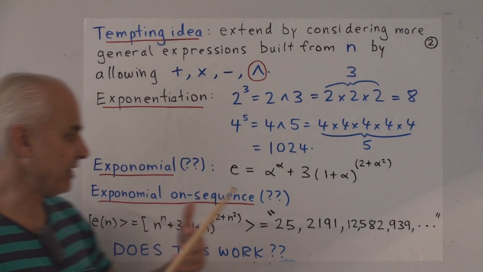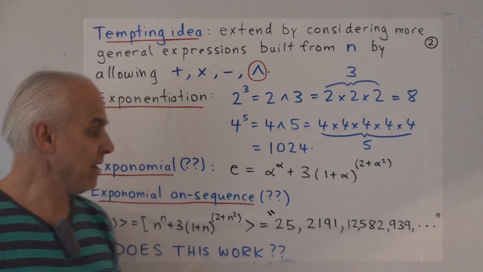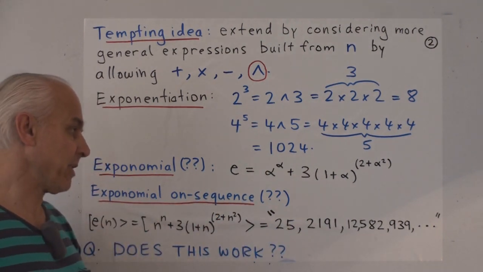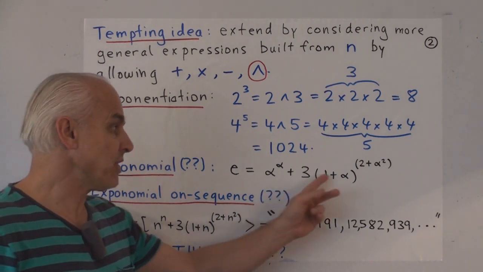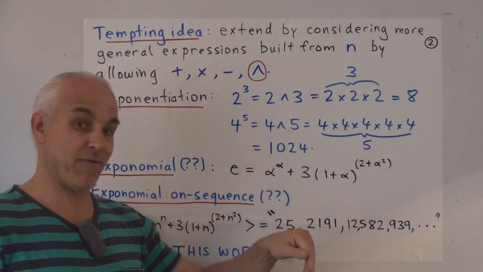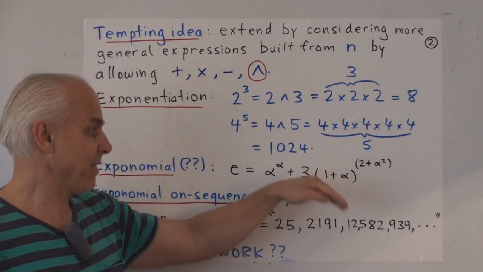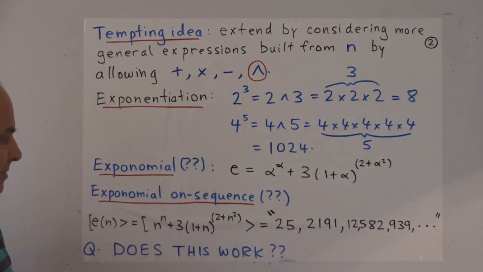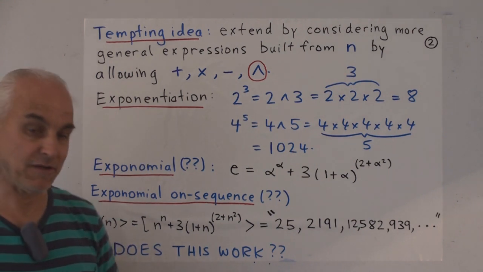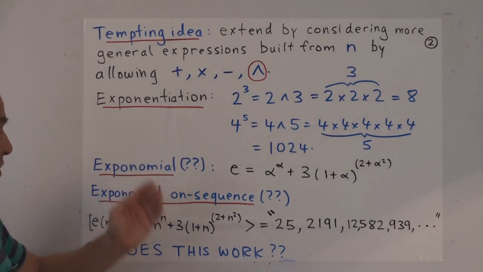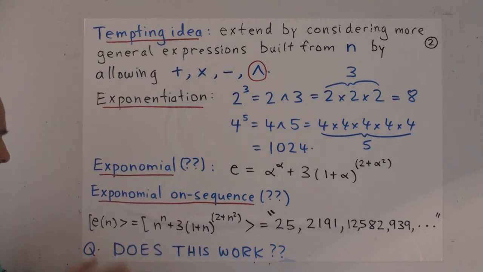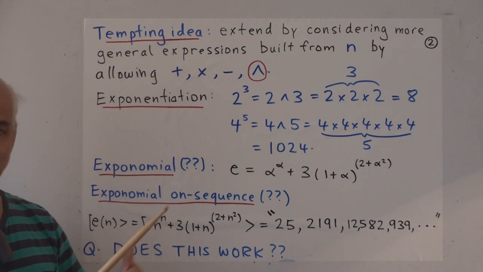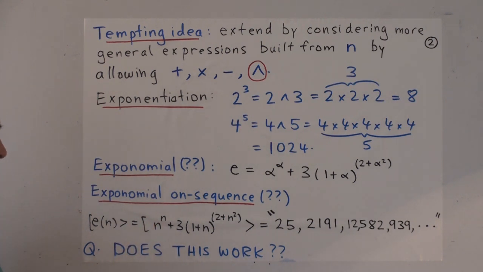And you could easily imagine building up a lot more complicated things by combining addition, multiplication, subtraction, and also this exponentiation. You could have, of course, repeated exponentiation, the exponent of the exponent of the exponent, etc. So maybe this could be the basis for defining a new kind of object called an exponomial on sequence. Maybe that's a reasonable kind of terminology to go up from polynomial.